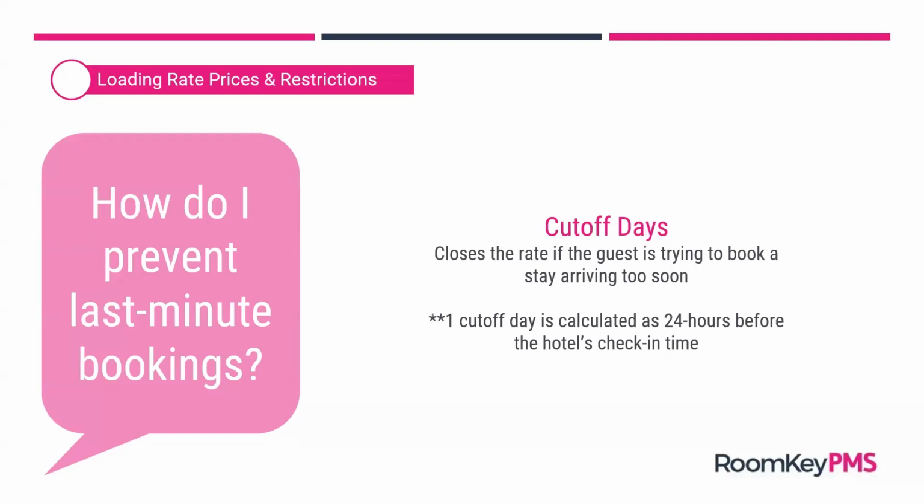I will not see that cutoff rate available. I would have to book 2 days in advance. So I wouldn't be able to arrive today, and I wouldn't be able to arrive tomorrow, because I'm looking at booking within 24 hours of that hotel check-in time. That would fall within that cutoff period, and that rate wouldn't be available. I'd have to look at arriving 2 days from now in that case.